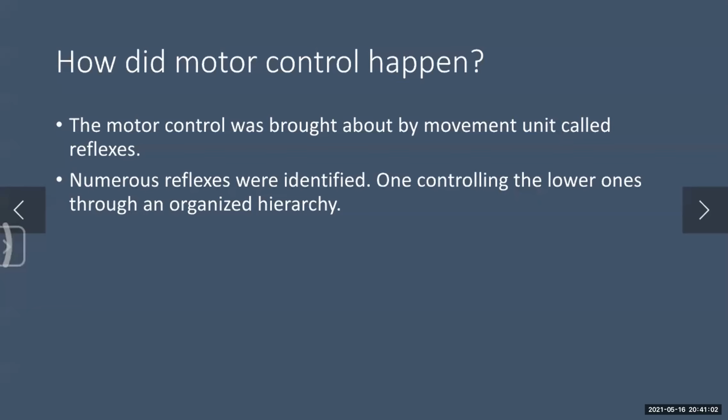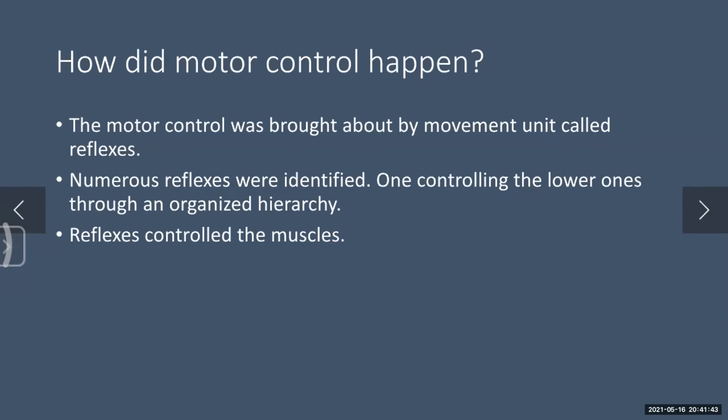Rudolf Magnus identified multiple reflexes: monosynaptic reflexes, oligosynaptic reflexes, polysynaptic reflexes that traverse the spinal cord, the brain stem and the brain. From that, they developed a concept that since reflexes are controlling motor control, there is a hierarchy of reflexes, one controlling the lower one in an organized way. That's what they had told about.